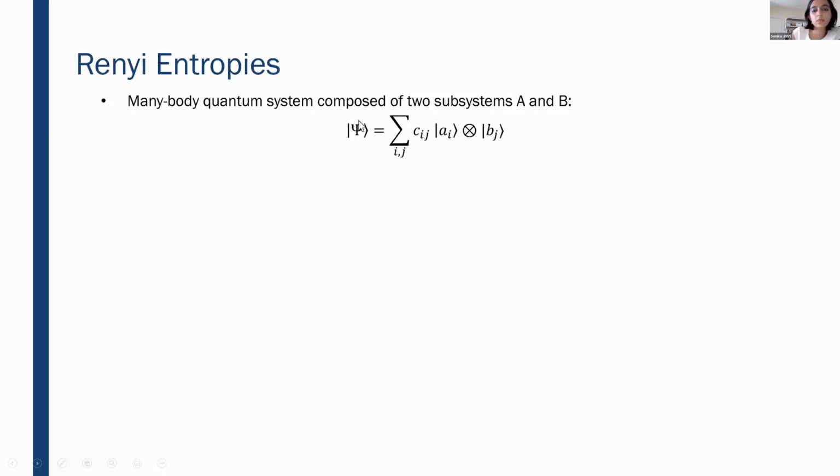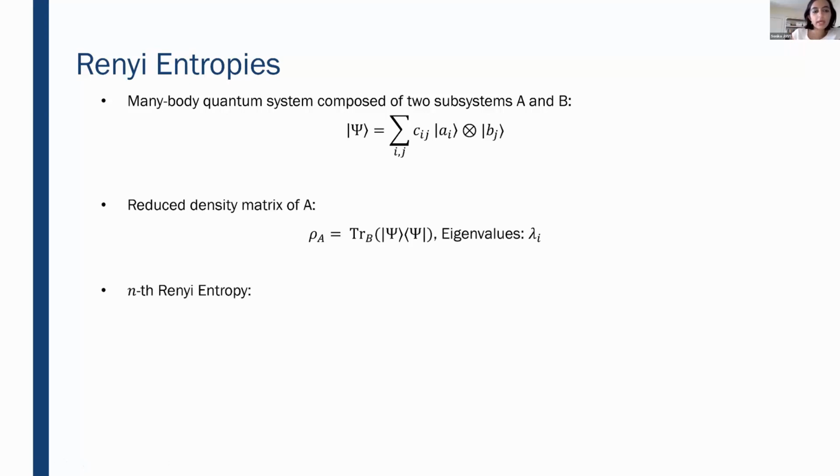And then the state psi of the full system is some superposition of states AI tensor product BJ, right? Then, if you're just interested in the system A, you can write down the reduced density matrix of A by doing what's called a partial trace operation, where you forget about the degrees of freedom in B, and you're just concerned about the degrees of freedom in A.